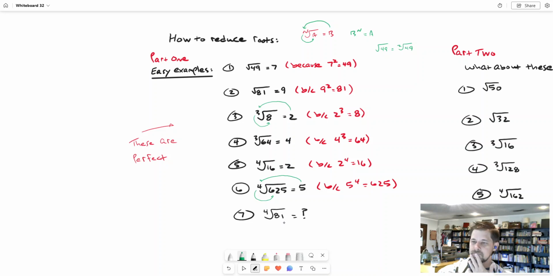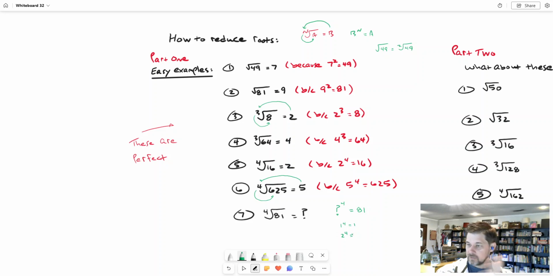Well, since I'm looking for what number, if I raised it to the fourth power, is equal to 81, I'll just go down the list until I find it. What's 1 to the fourth power? That would be 1 times 1 times 1 times 1. That's just 1. What's 2 to the fourth power? Go 2 times 2 times 2 times 2.